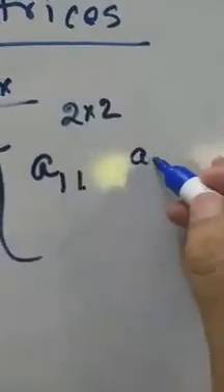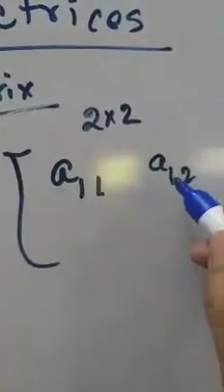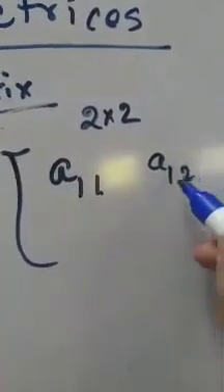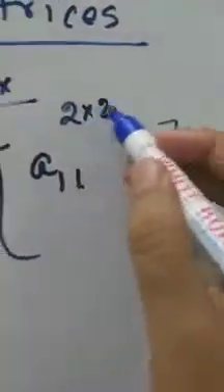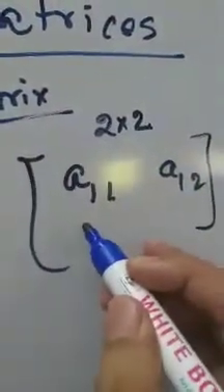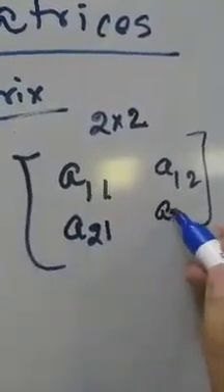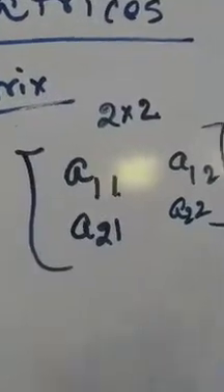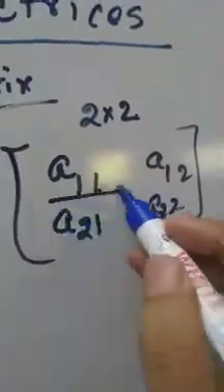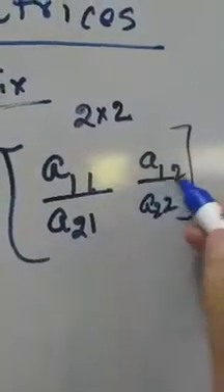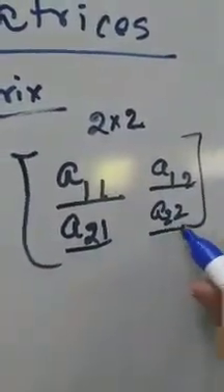Then A12, first row, second column. Then the second row will be A21, A22. So this is the way we write a matrix: first row first column element, first row second column element, second row first column element, and second row second column element.